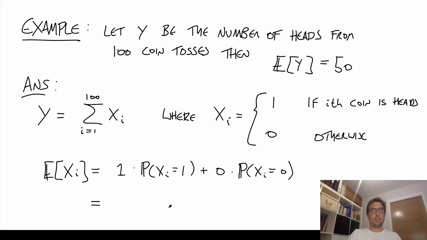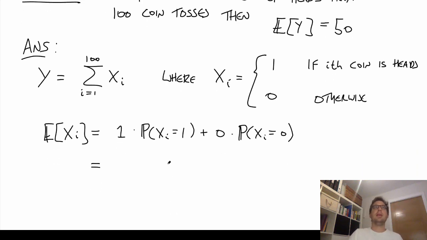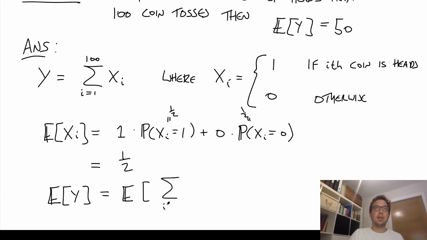Alright, now then what we can say is that, well, we know that each of these is equal to half, so the expected value of x_i equals a half. Alright, so then the expected value of y is equal to the expected value of these 100 coin tosses.